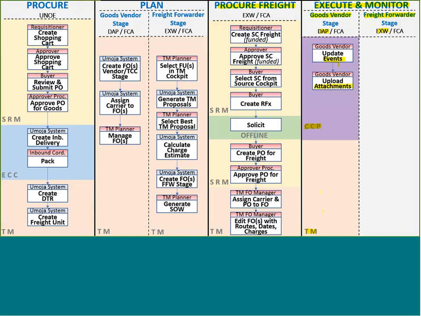So as a planner or as a FO manager, we can still go in TM and see the events and attachments submitted by the vendor. And if the external vendor cannot do it, we can still do it in TM. So TM will also have all the information that is available in the carrier collaboration portal.